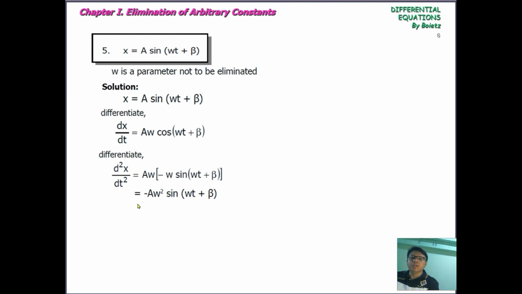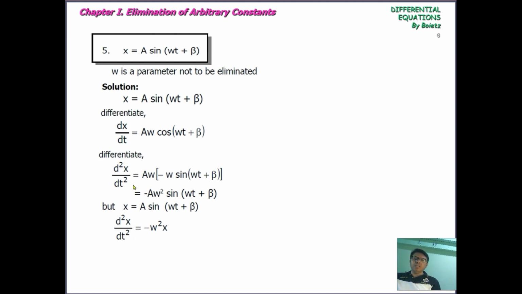Okay? So, take note, hindi rin na-eliminate yung arbitrary constant, although dalawang beses tayo nag-differentiate. But we can eliminate the arbitrary constant by substitution. Kasi yung A sin wt plus beta is equivalent to x. Kaya, magiging negative w squared x na lang siya.